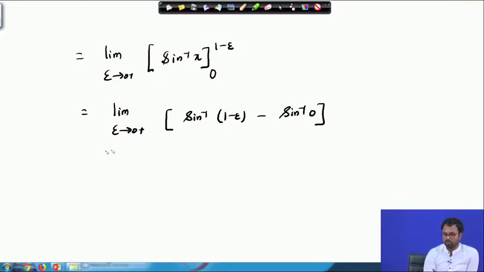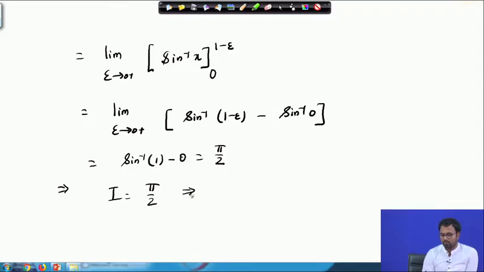So sine inverse 1 minus epsilon, when epsilon goes to 0, this will be basically sine inverse 1 minus sine inverse 0 is 0, and sine inverse 1 is pi by 2. So therefore the value of the integral I is actually pi by 2, and from here we can say that our integral I is convergent.